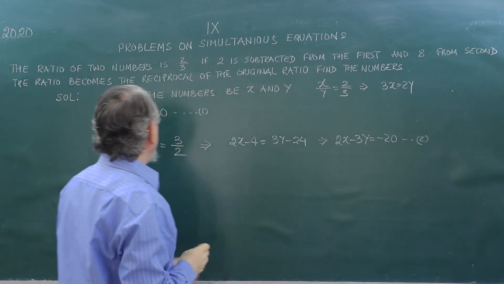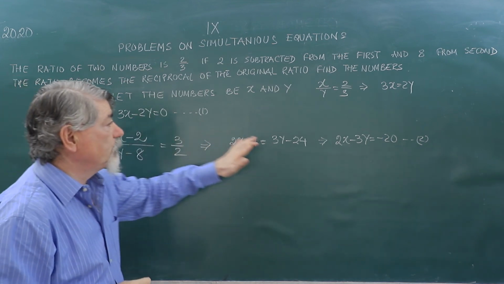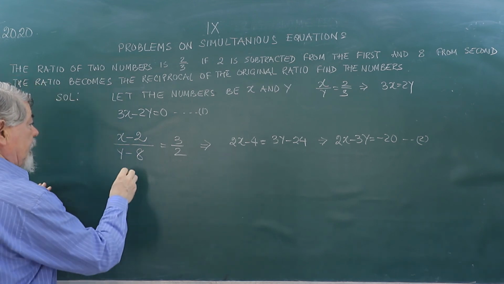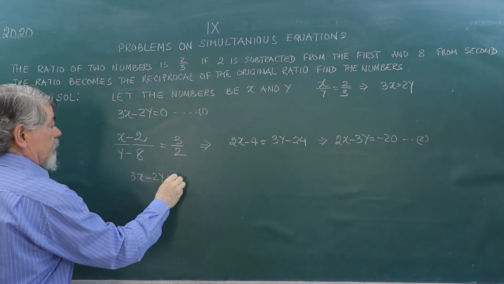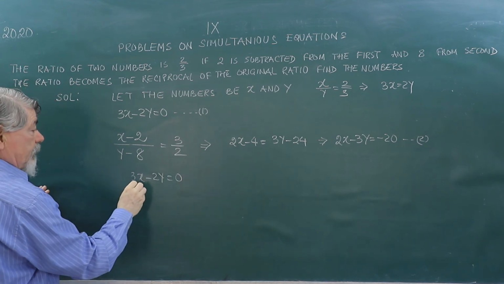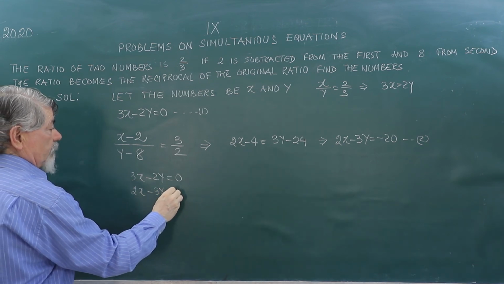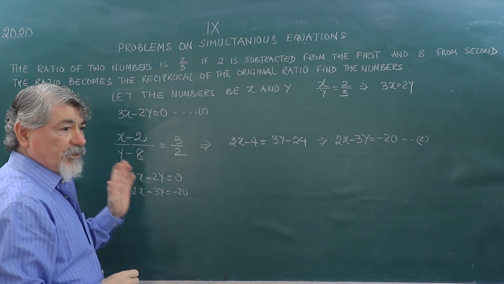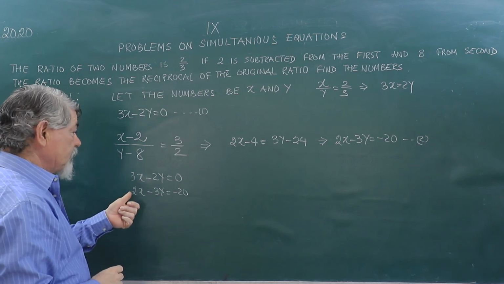Now I have two equations in x and y, and we have to solve them to get the values of x and y. The equations are 3x minus 2y is equal to 0, and 2x minus 3y is equal to minus 20. I'll use the method of elimination and make the x terms equal.